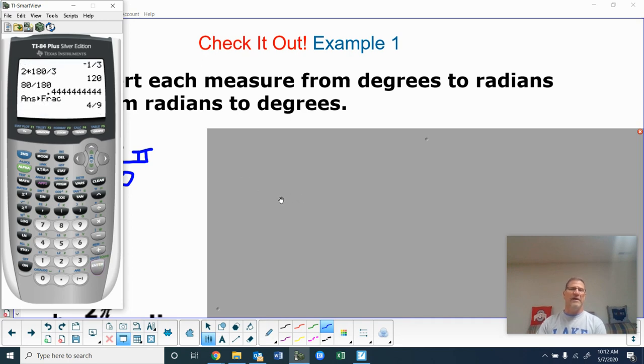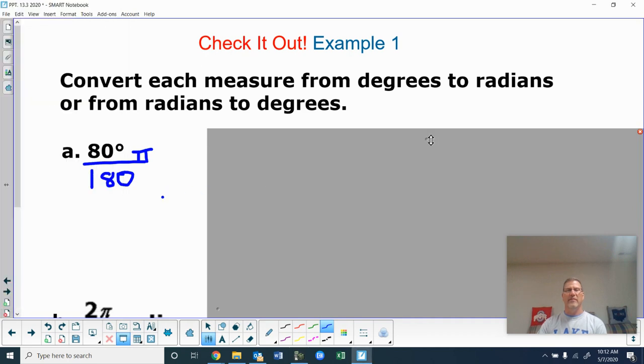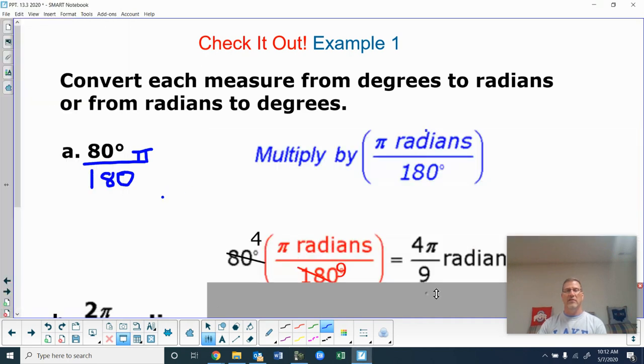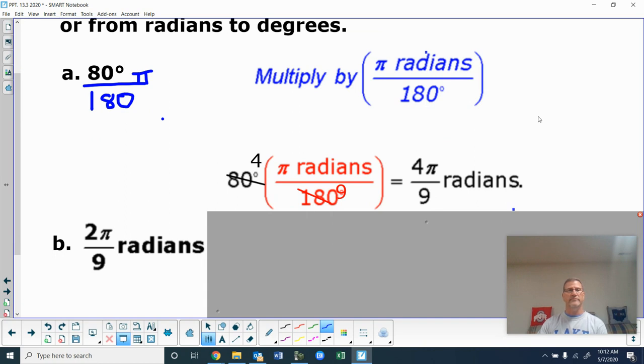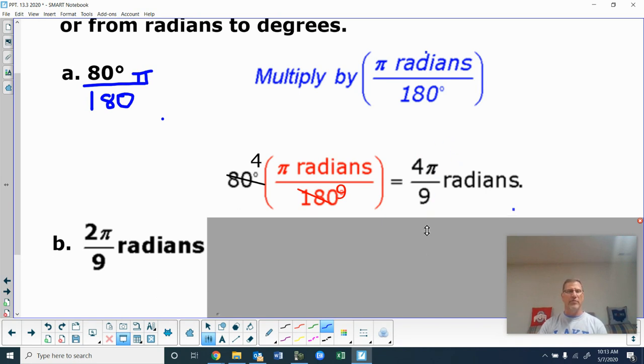So it's 4 pi over 9. I just put the pi next to my degree, 180 in the bottom, and it reduces to 4/9. And then don't forget your pi. Again, you don't have to write the word radians.